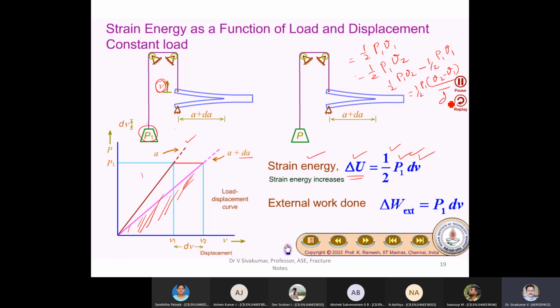V2 minus V1 is nothing but dV. So half into P1 into dV is the delta U. Understood?